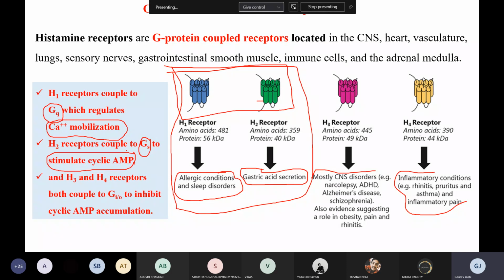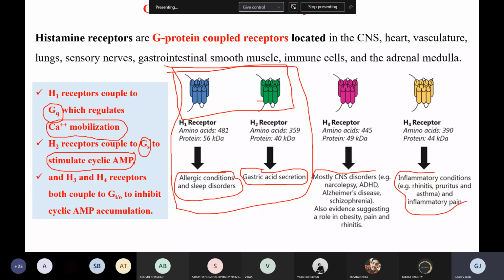The second thing, the histamine 2 receptor will be coupled to Gs and will stimulate cyclic AMP, which will then regulate the release of HCl in the stomach, right? So these two things are there. Then H3 and H4 you can go through if you want to read it, right?